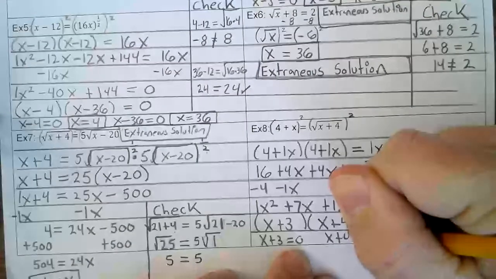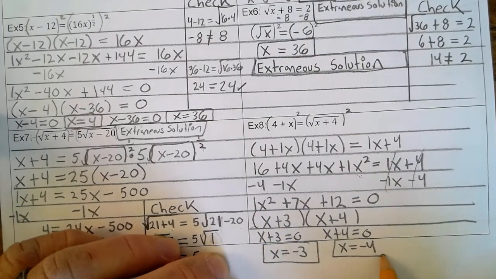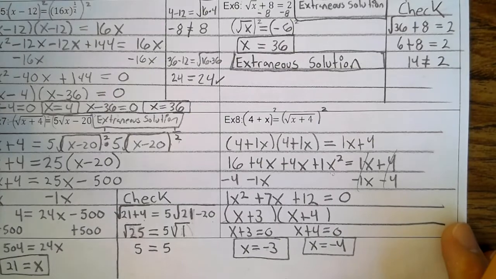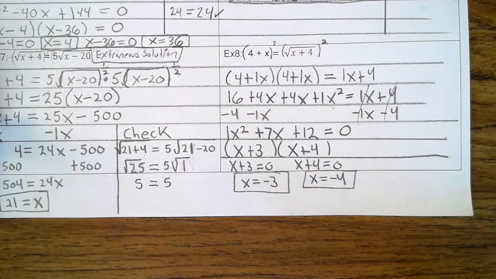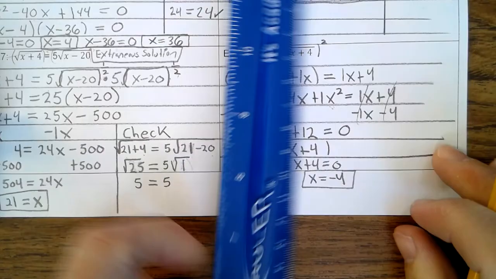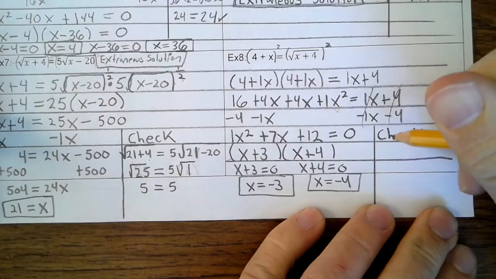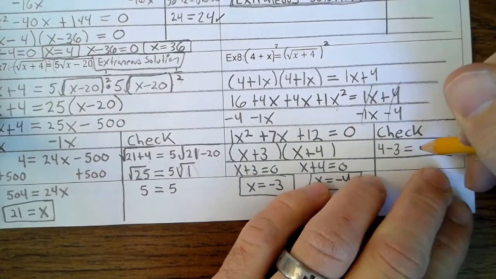All right, and then we want to check. Let's check -3 first. So that's 4 minus 3 equals the square root of -3 plus 4. 4 minus 3 is 1. -3 plus 4 is 1.